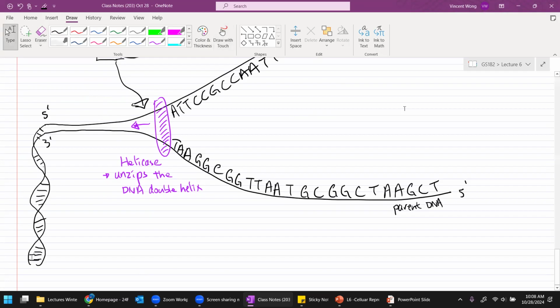So when you unzip something that's twisted up like that, you actually introduce more stress and tension into the strand. It's very easy for this to knot up even more as you unzip. And if there is too much tension building up in the DNA strand, it might actually snap and break at some point. Right? So that's why we need another enzyme, which is this guy here.